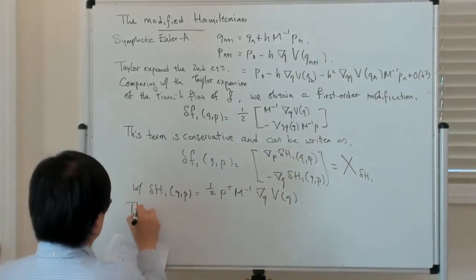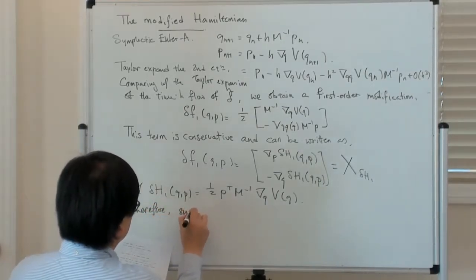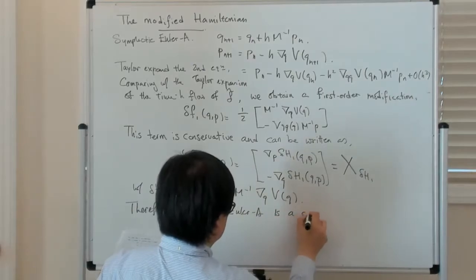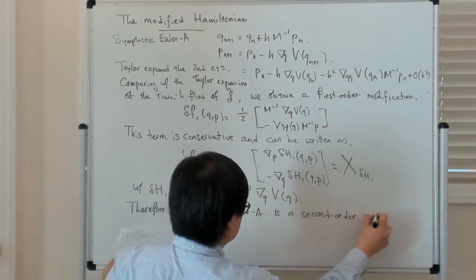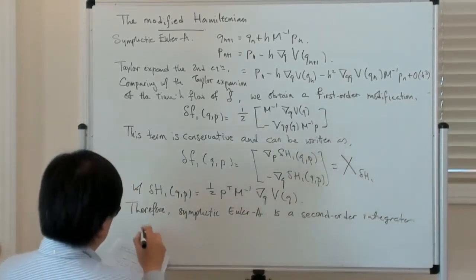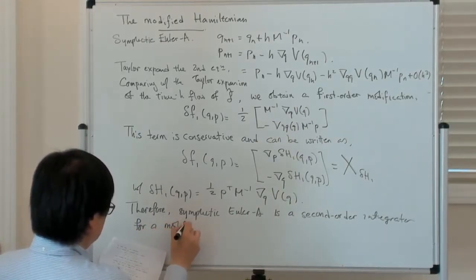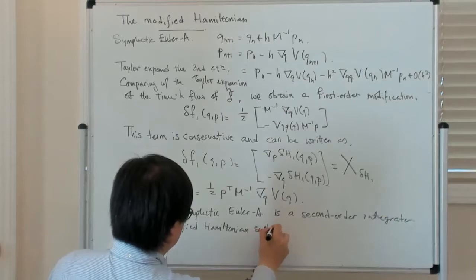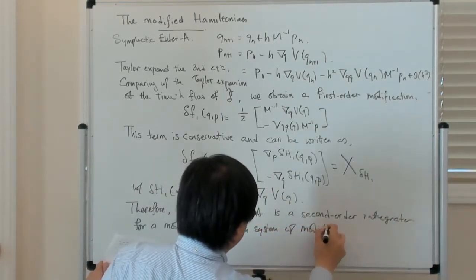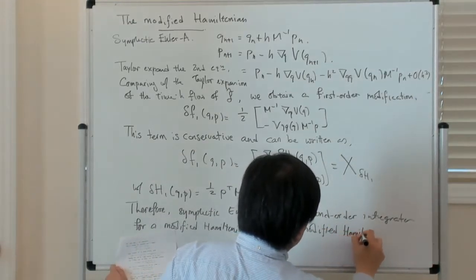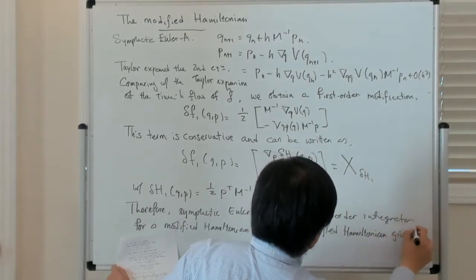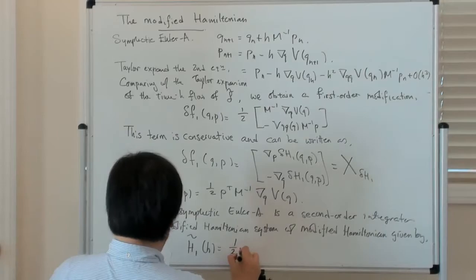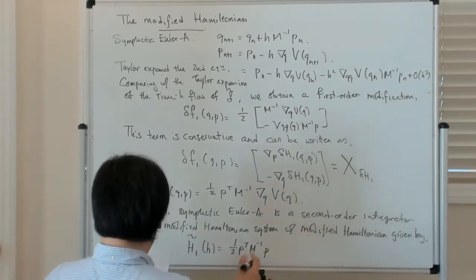Okay, so therefore symplectic Euler A is a second order integrator for a modified Hamiltonian system, with a modified Hamiltonian given by H tilde 1 of h is 1/2 p transpose M inverse p plus V of q.